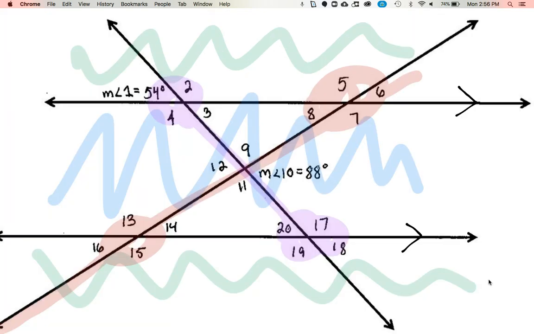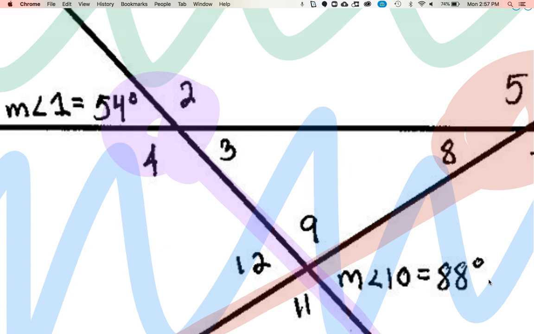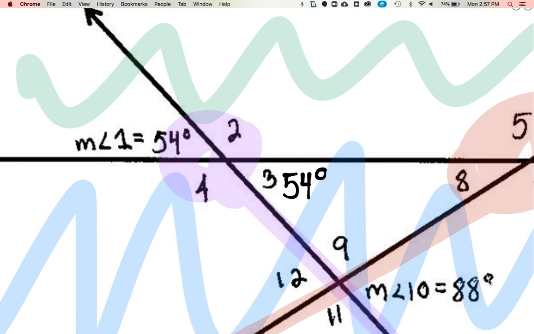All right, my piece of advice. I always look for the vertical angles. They are the easiest to spot, meaning if this is 54, this is also 54. So 3 is 54 degrees. And then I always just try and get one set of 4 done.